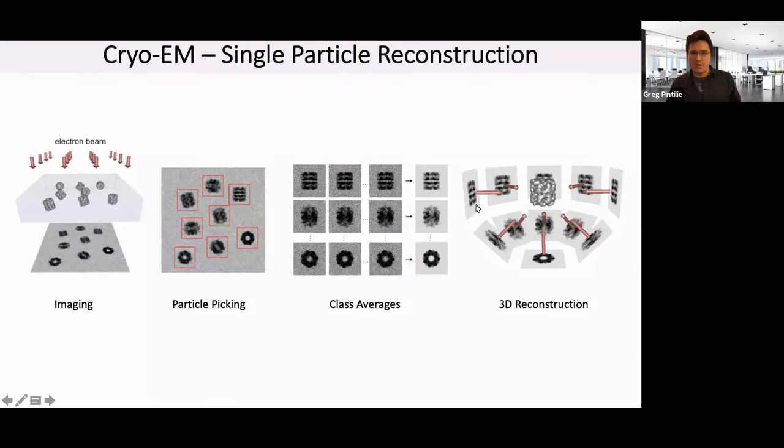And from the class averages, we try to find what is their projection orientation, so with respect to the 3D volume that we're looking for. We start by guessing this, and we refine these orientations, but eventually once we find the right orientations, we back project the 2D images into a 3D volume.